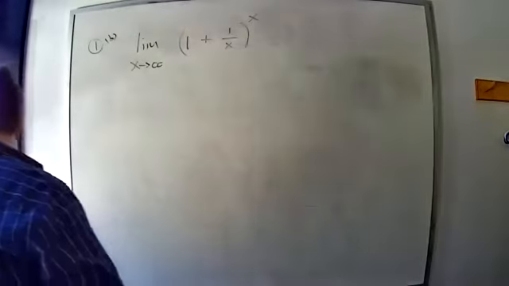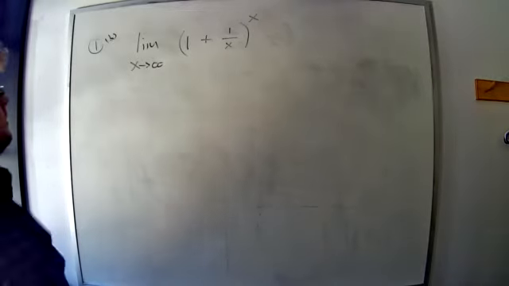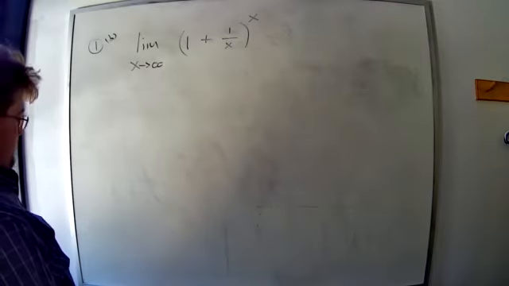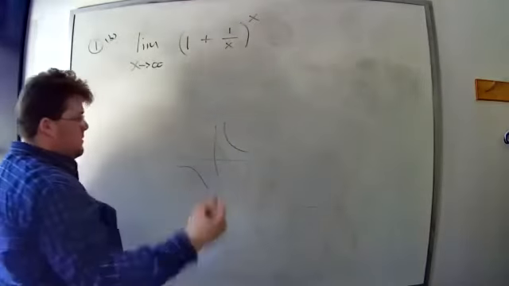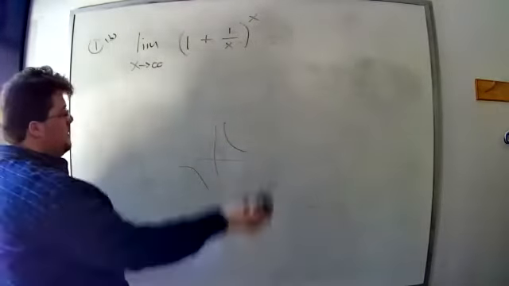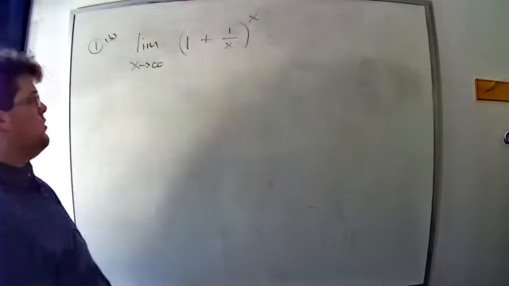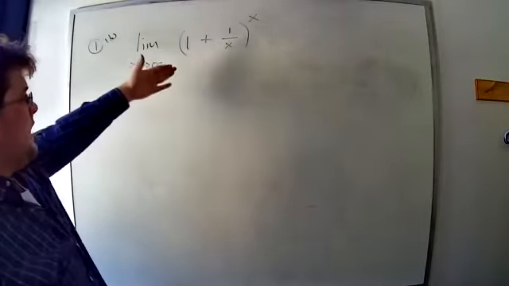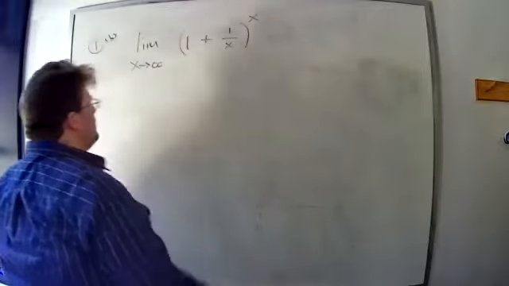Well, again, technically we can't substitute infinity, but we can interpret this by recalling the graphs of 1 over x. It goes to 0 as x goes to infinity, meaning the base of this exponent goes to 1 plus 0, which is 1.